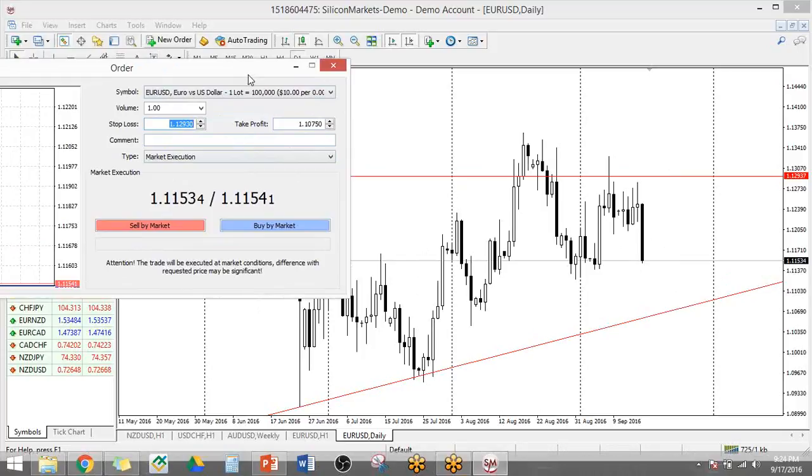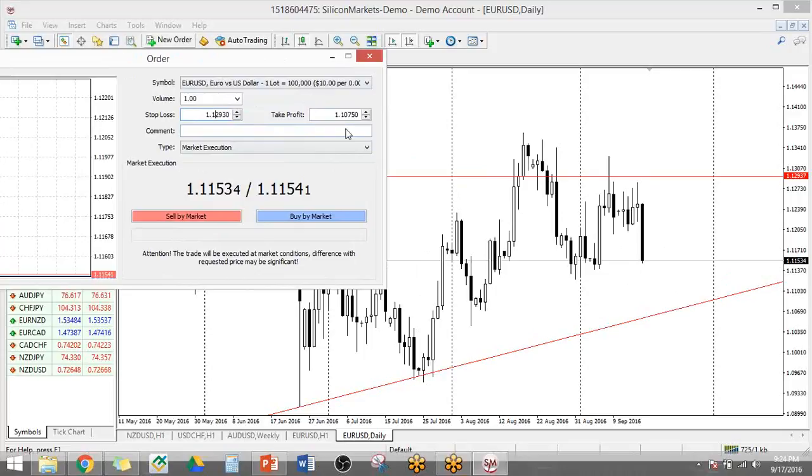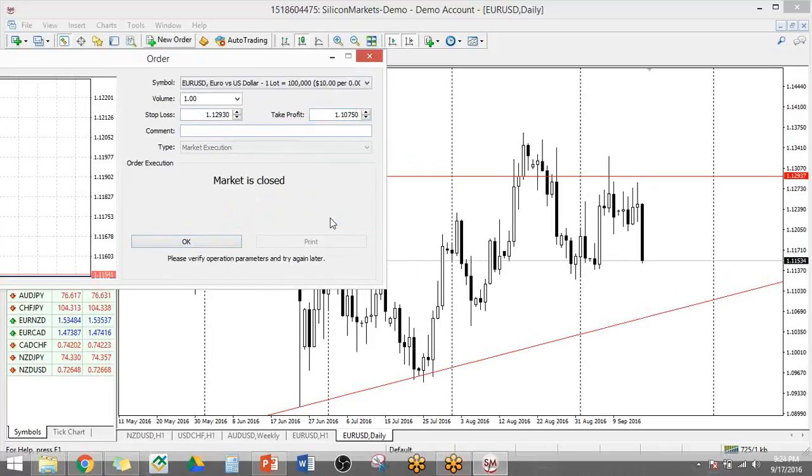Don't worry in case you keyed in the wrong numbers. Let's say you kind of switched it a bit. You want to buy, but you switched it. If you click that, the market is closed, but what it's going to say is invalid stop loss or take profit. Invalid stop loss or take profit.